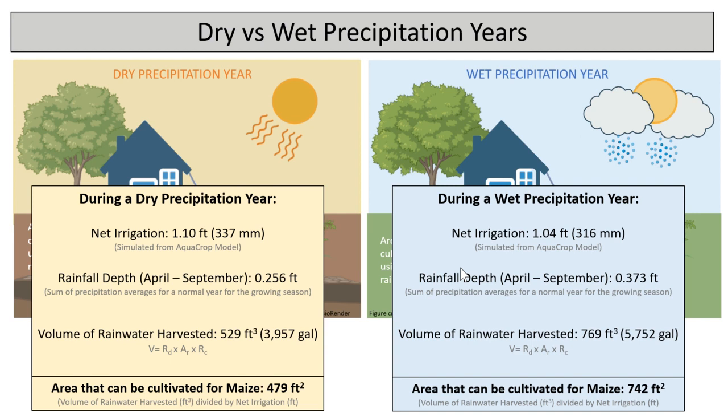The area that can be cultivated for corn during a wet precipitation year was calculated to be 742 square feet. And this checks out since it is greater than the dry precipitation year and slightly higher than the normal precipitation year. And there are some interesting things that I discovered, which I will be talking about in video 6.